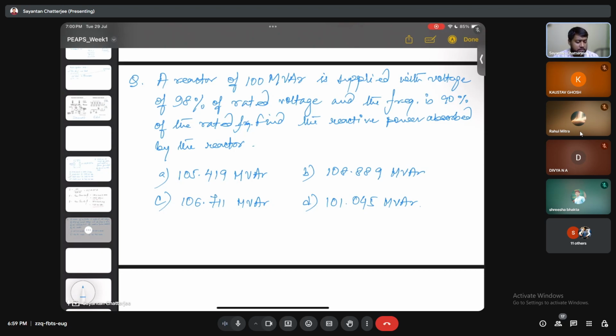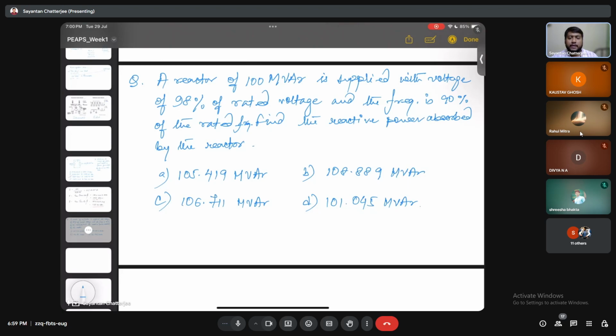Anyone, please. How is frequency related to the reactive power?